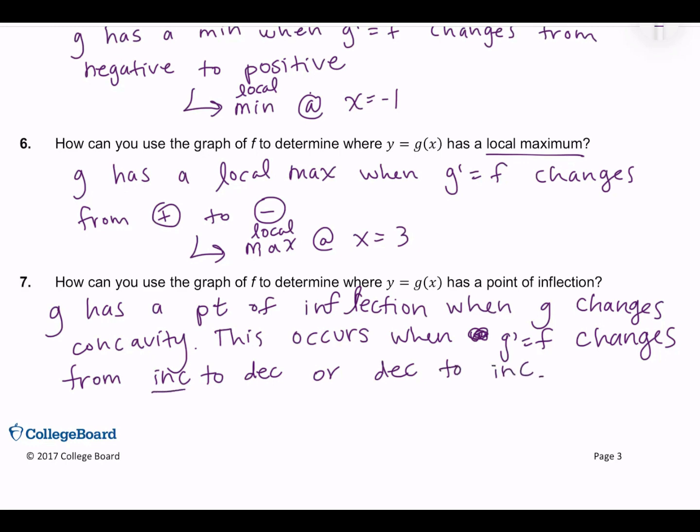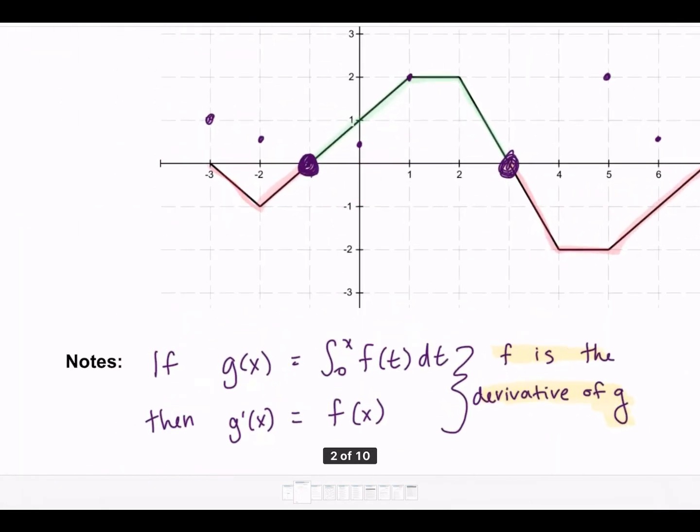I'm going to write these abbreviations because I know what it means. If you think you'll get confused, just write out the full word. And so the place where that happens is only at x equals -2. Okay, so that's the only place where it actually changes from decreasing to increasing.